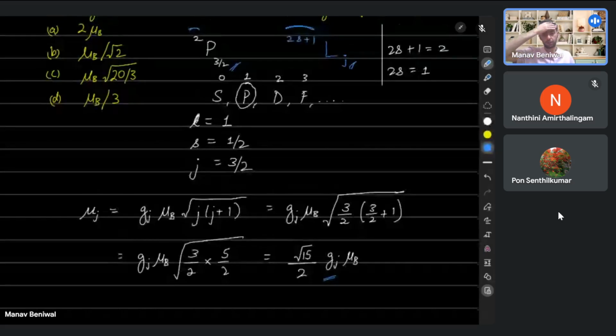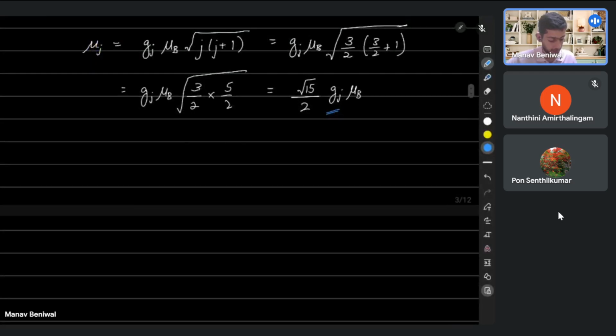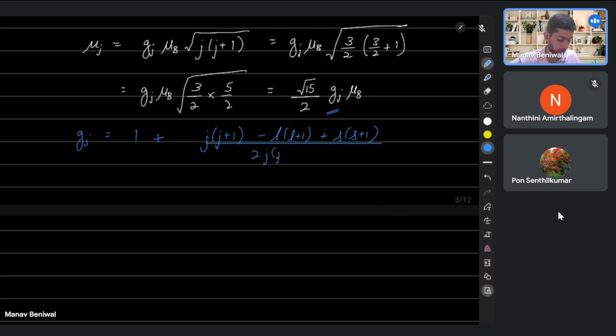Once we know the value of this g, so this is the Landé g factor. And Landé g factor is defined as 1 plus j times j plus 1 minus L times L plus 1 plus S times S plus 1, divided by 2j times j plus 1.